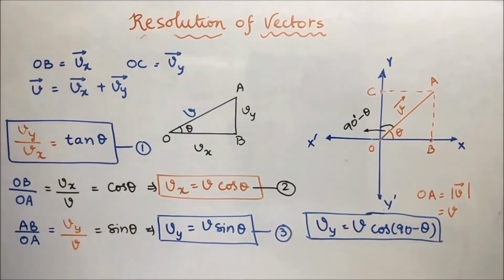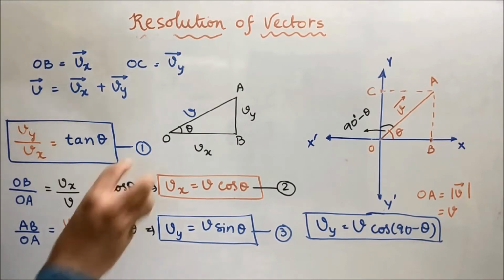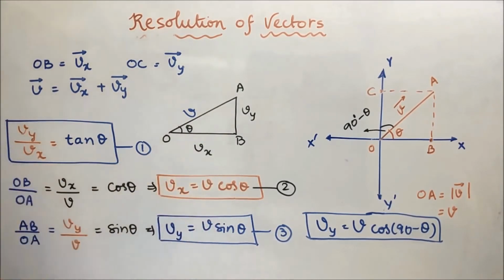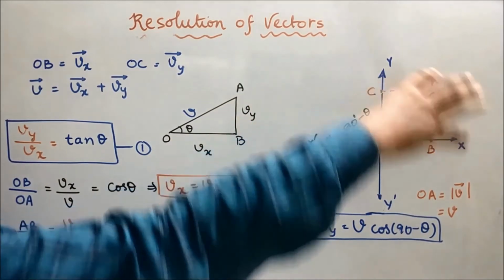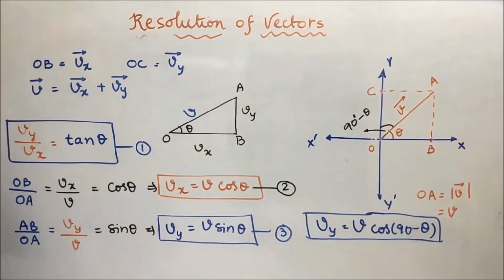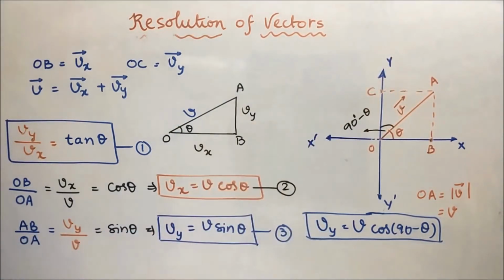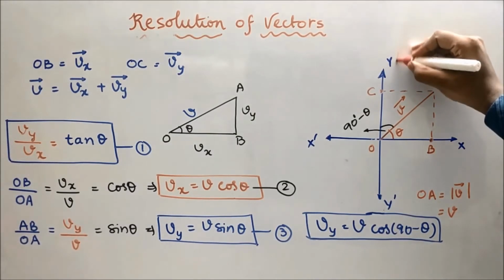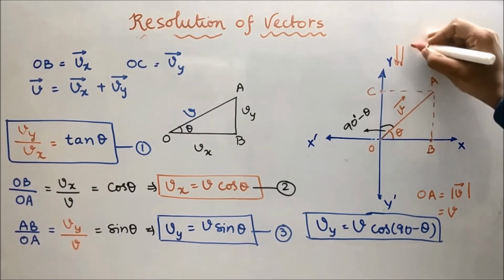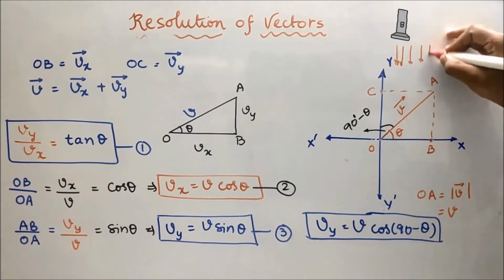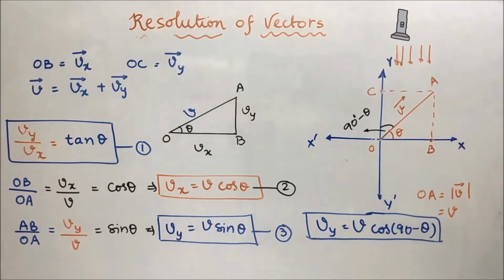So what is Vx? Vx is nothing but the projection of vector v on the x-axis. What is Vy? Projection of vector v on the y-axis. You can understand this like this also. Suppose I have a torch or a light source through which the light falls perpendicularly on the x-axis.